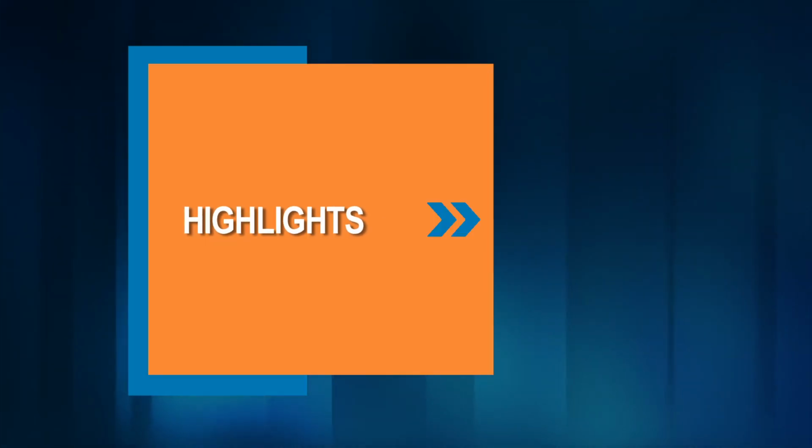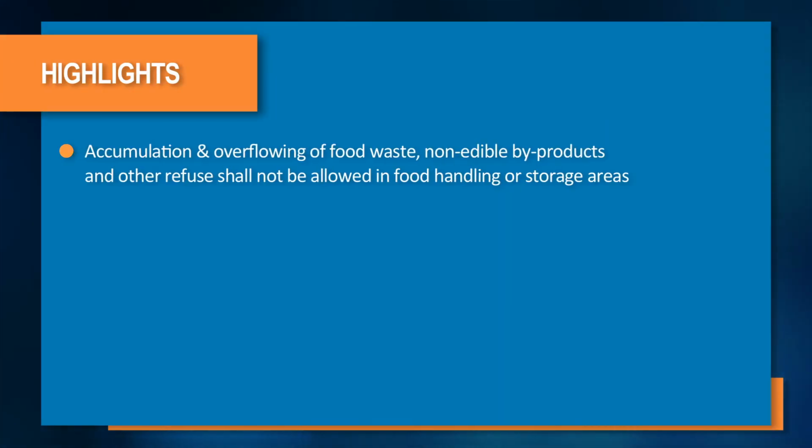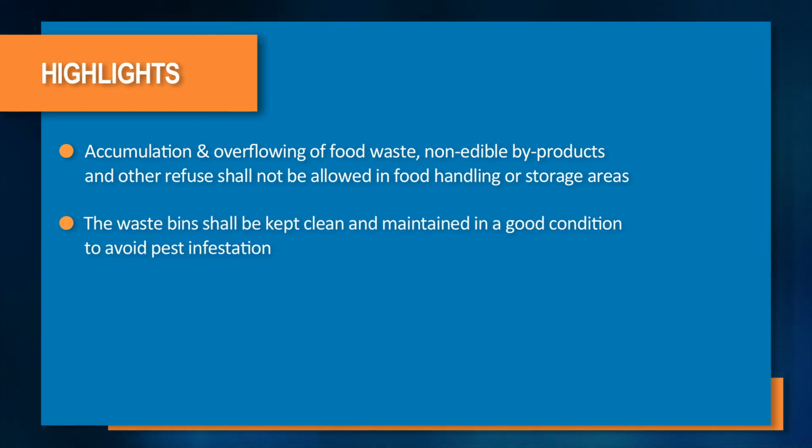Thus, the main points in this video are: accumulation and overflowing of food waste, non-edible byproducts, and other refuse shall not be allowed in food handling or storage areas. The waste bins shall be kept clean and maintained in a good condition to avoid pest infestation.